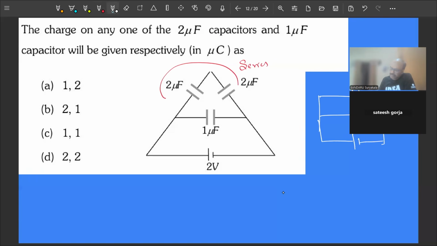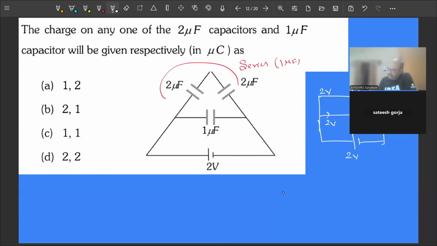Two in series becomes 1. So now this is 1 microfarad, this is 1 microfarad, this is 2 volts. These two are connected in parallel. So here voltage is 2 volts, here also voltage is 2 volts.